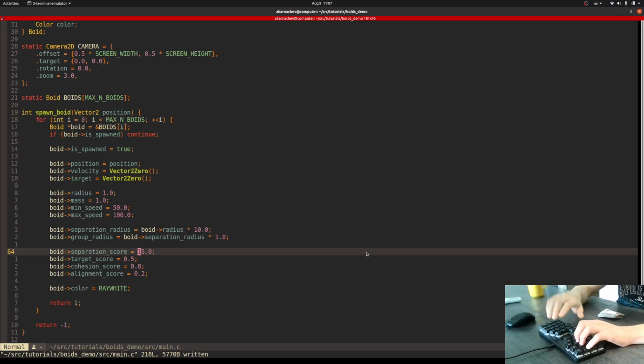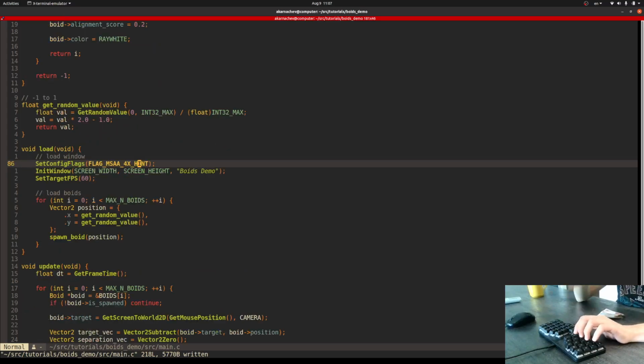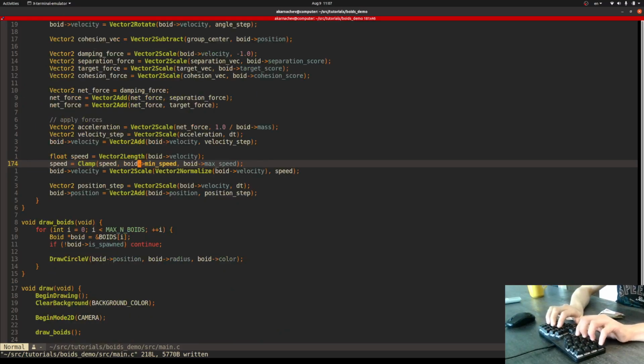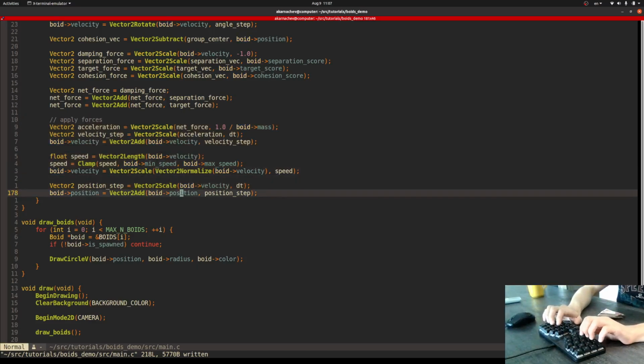You can tune these parameters by yourself. You can introduce new forces. It's very simple from the idea perspective. You basically want to factor out your main engine part, which takes force, computes the acceleration, computes the velocity step, updates the velocity, clamps the velocity by the maximum and minimum speed, and then finally you update the final position by taking the velocity, computing the position step, and updating the position.